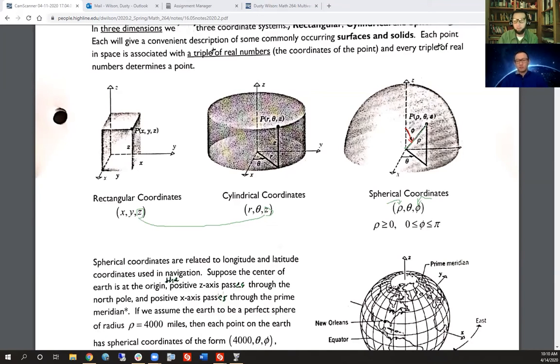So it's from the positive z-axis. Looking at the camera again, everything's mirrored for me, pardon me. So if you think about it, this is the positive z-axis. To find phi, we ask, what's the angle as we rotate down?